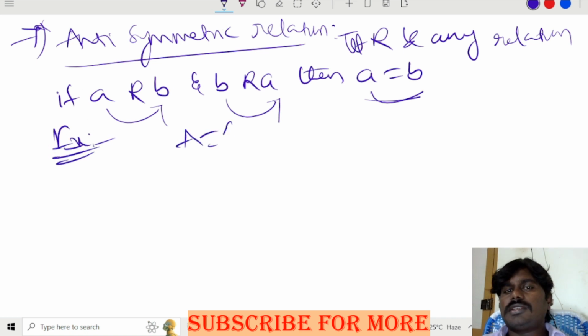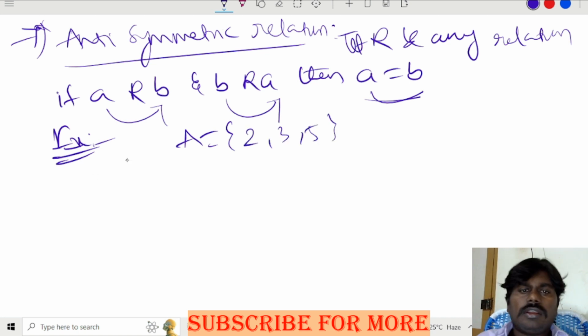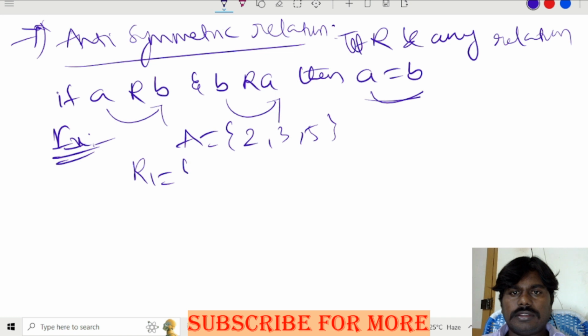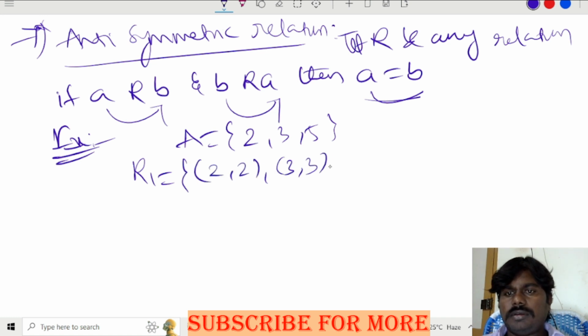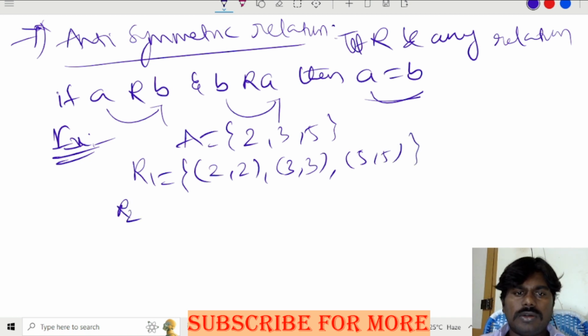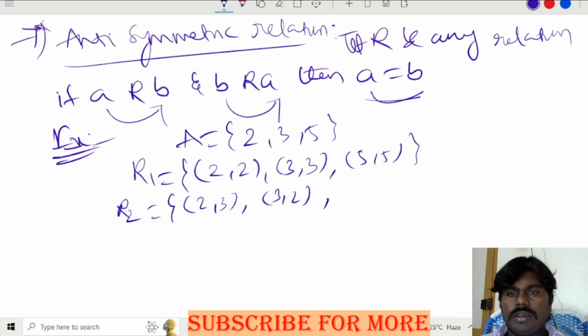Here set A equals, I am taking 2, 3, 5. Now here R1 I am defining like this: 2, 2, 3, 3 and 5, 5. Next R2 I will define like this: 2, 3, 3, 2 and 3, 5, 5, 3.